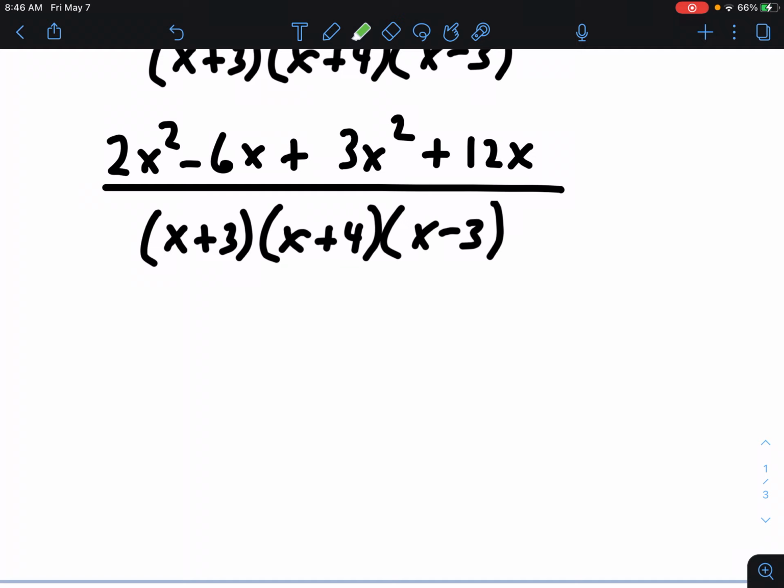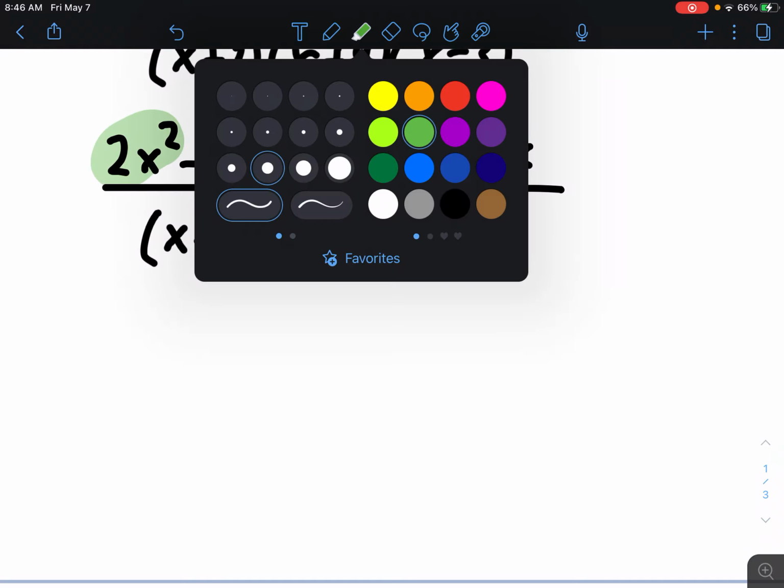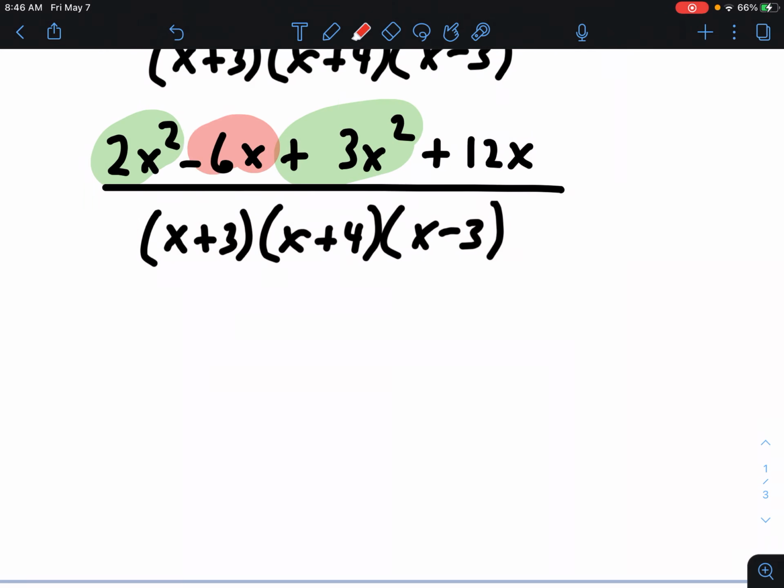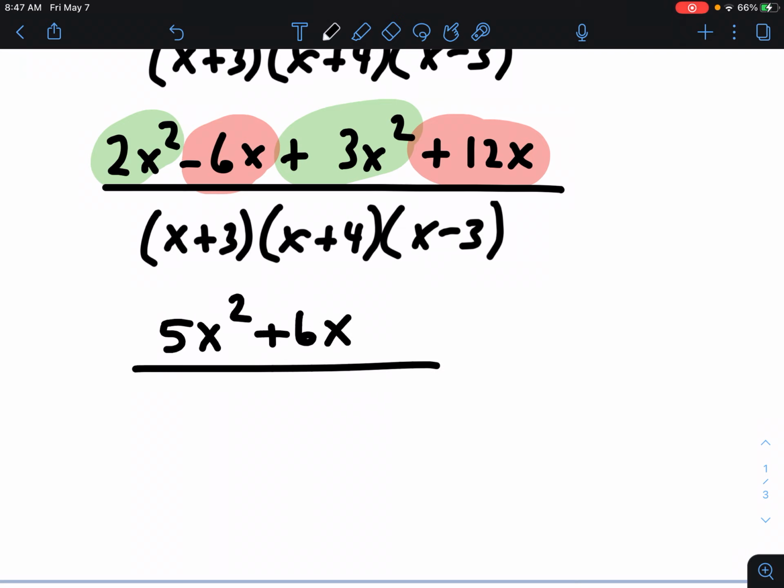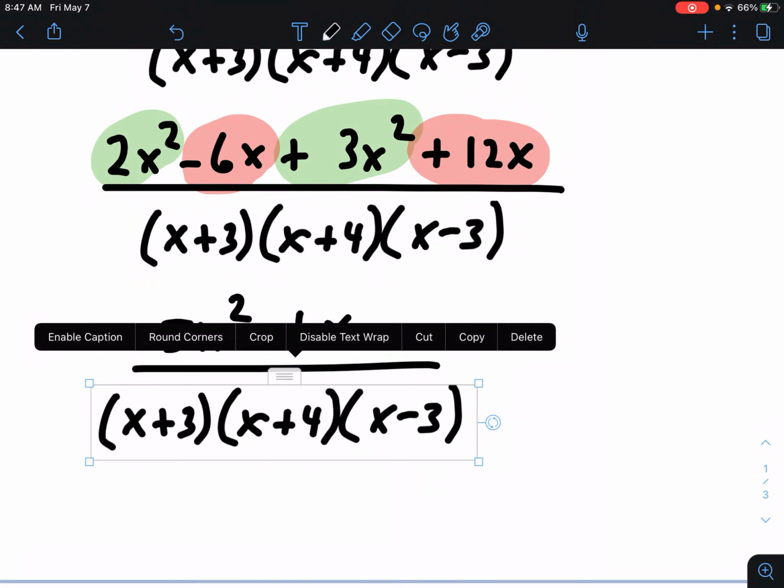All right, so we're going to combine like terms, those and those. So we have 2 and 3 is 5. Negative 6 and positive 12 is positive 6. Paste image. Make smaller.